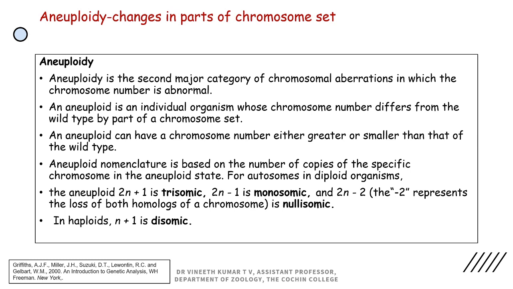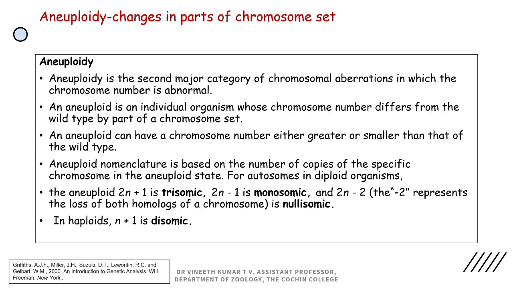So these are the three terms we discuss in the case of diploid organisms. For both autosomes as well as sex chromosomes, you use the same terminology: trisomy, monosomy, and so on.